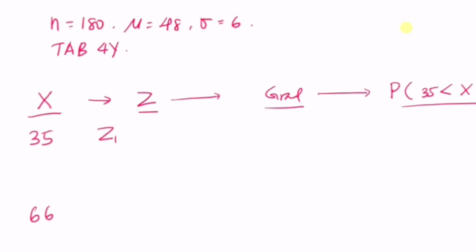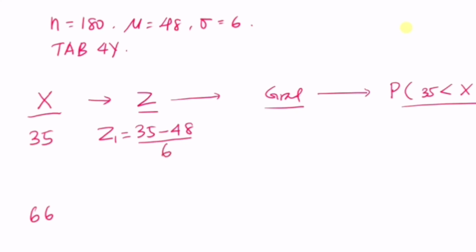So 35 minus the mean, which is given, and the standard deviation is also given. So we can just convert 35 into z. That means 35 is equivalent to what value of z. So we just take 35 minus 48 over 6. Alright, so that is your z1.